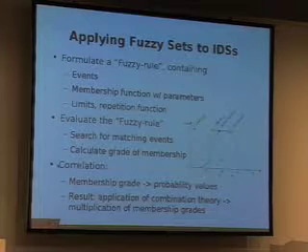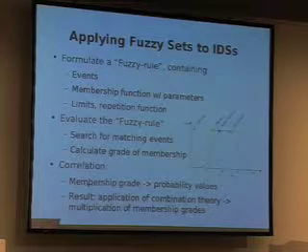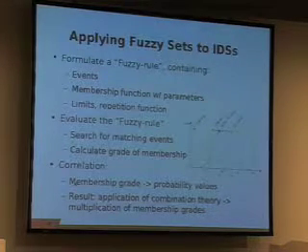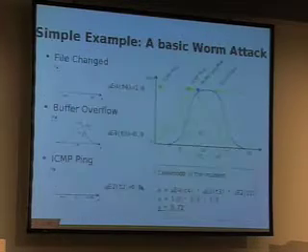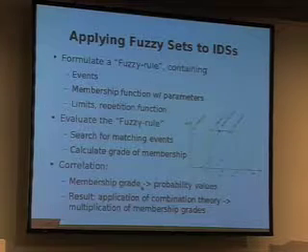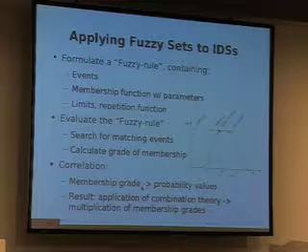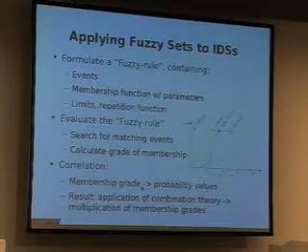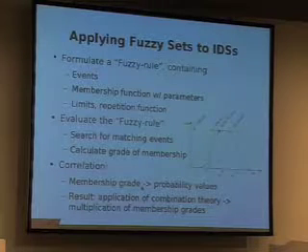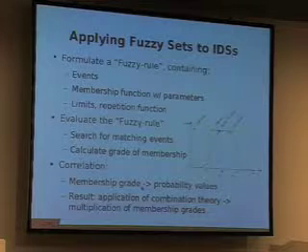And in conclusion, you can do the correlation step, and in this context you can interpret the membership grade as a kind of probability value and use the multiplication, like in the likelihood theory, to get a final result for the correlation.